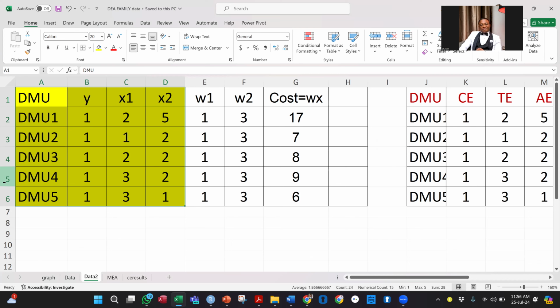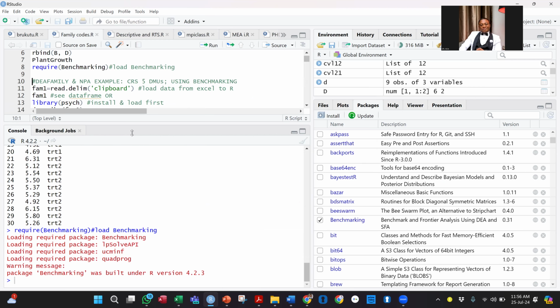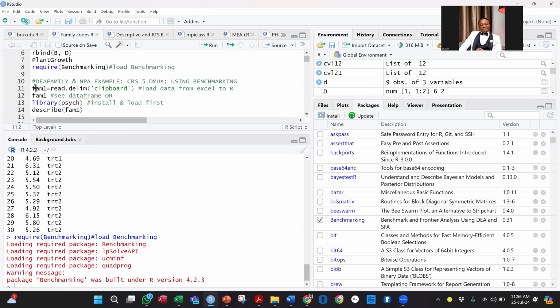So you do Control A to highlight, Control C to copy. You come to your RStudio now. And in this RStudio, you click on this command number 11 to bring the data from Excel to R. What you're doing is importing the data from Excel into R. But when it comes to R, you don't paste, as we know.